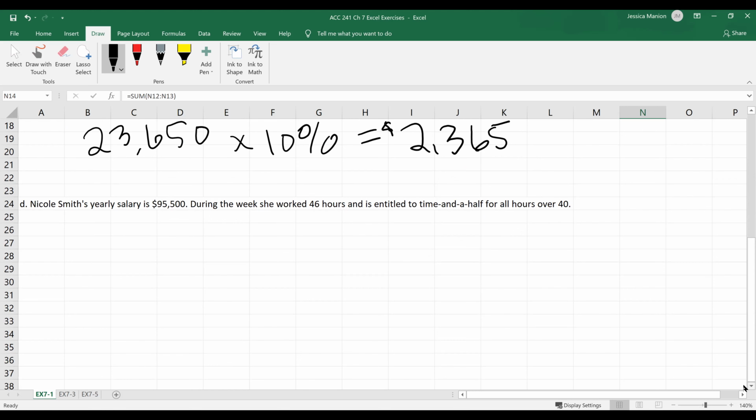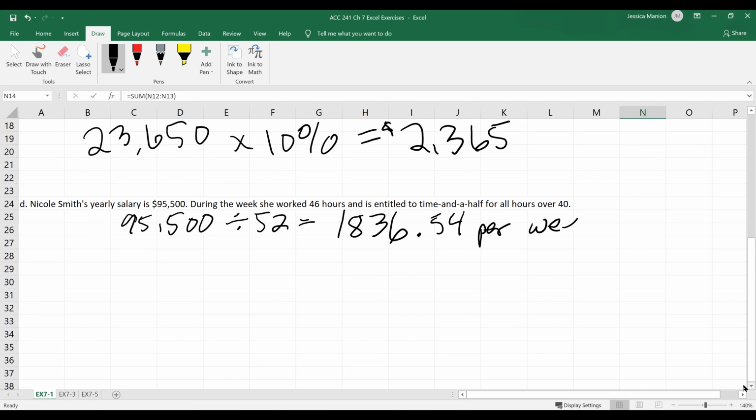Okay, so just like we saw in the PowerPoint example, first we need to take 95,500 and divide by 52 weeks. So that equals 1836.54 per week.